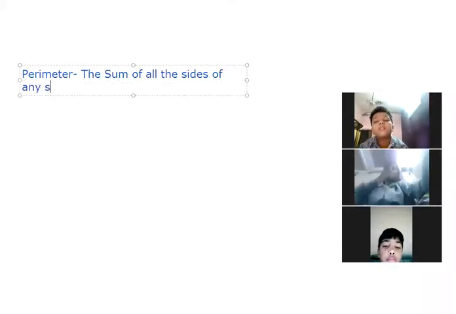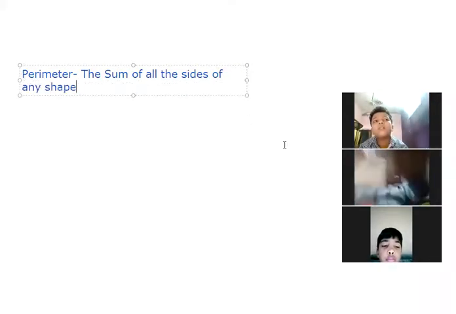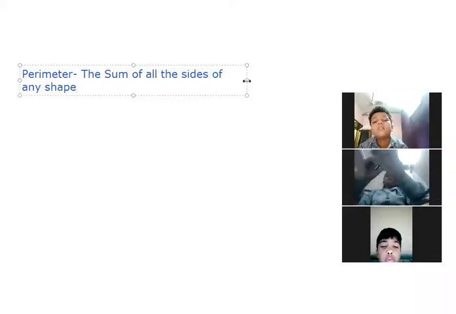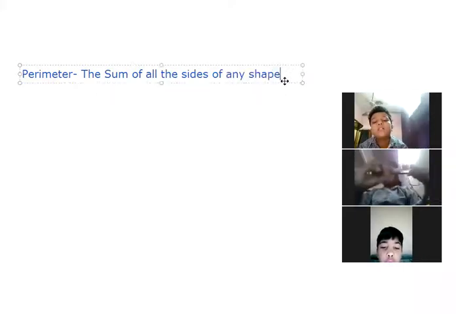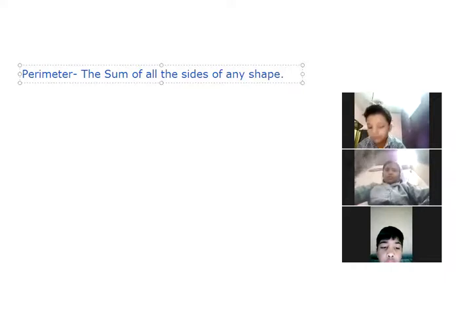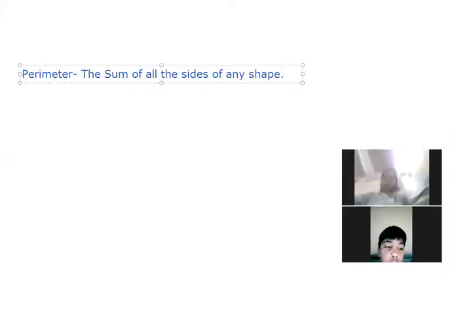Any shape can be given to you, and if you are going to find the perimeter, it means you have to add the length of all the sides altogether.